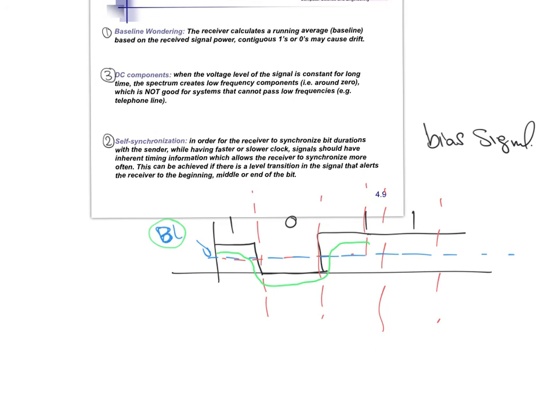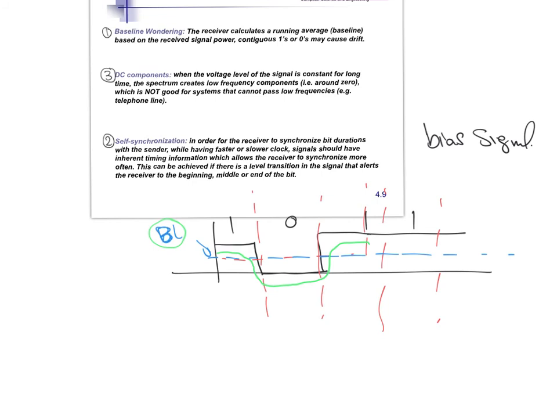So if the noise pushes the signal a little bit lower, it might cause errors in detecting the voltage level at each bit duration. Clear so far? So the bias that the noise causes to the signal might confuse the baseline to detect the bits in error.